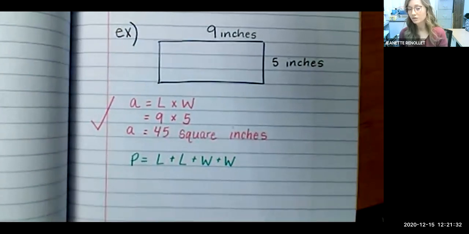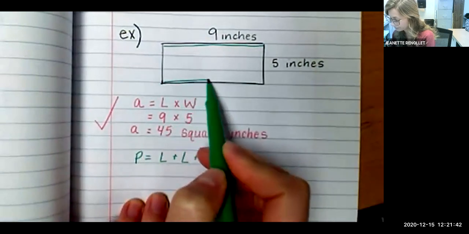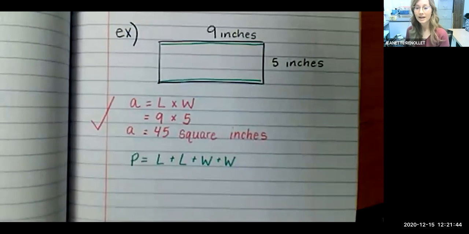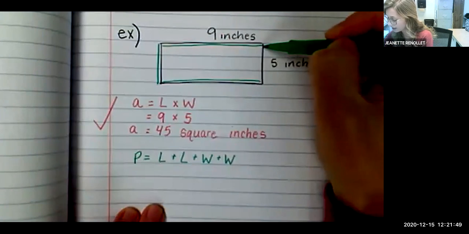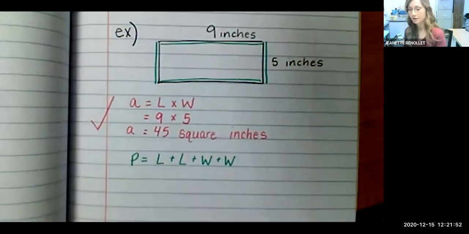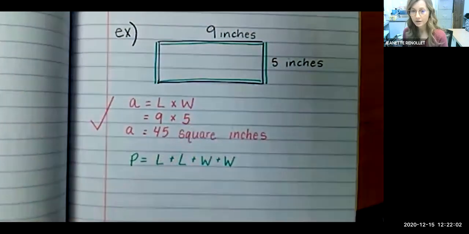My rectangle has 4 sides, 2 lengths, that would be top and bottom, and 2 widths, that would be the left side and the right side. To find the perimeter, I can add all of the sides together to find how long the distance is around the shape.